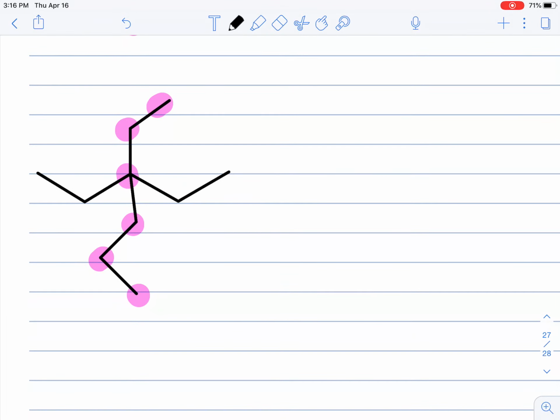So we still have 6, so this is still hexane. That's the parent chain. And if I number from bottom to the top, I have 1, 2, 3, 4, 5, 6. And if I number from the top to the bottom, I have 1, 2, 3, 4, 5, 6. And so 3 is less than 4.